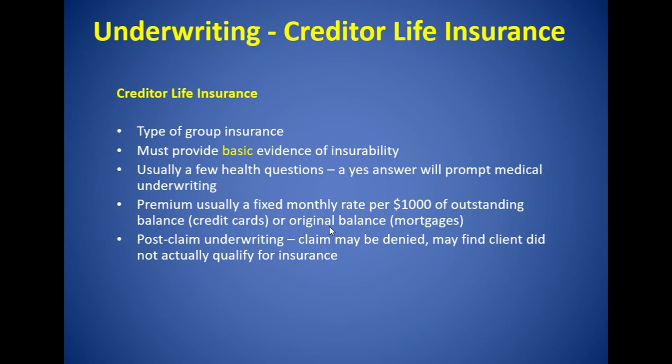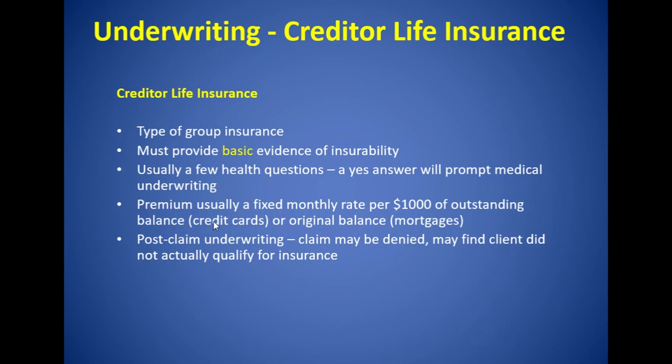So they'll charge you the same amount per 1,000 of original, even though your balance might be less. They need to recognize that you are getting older each year, so by charging you a level premium, they're taking into account that you're older, but the amount outstanding has declined.